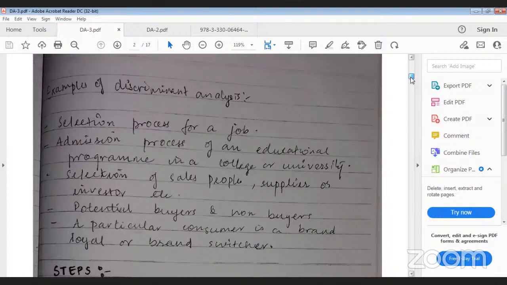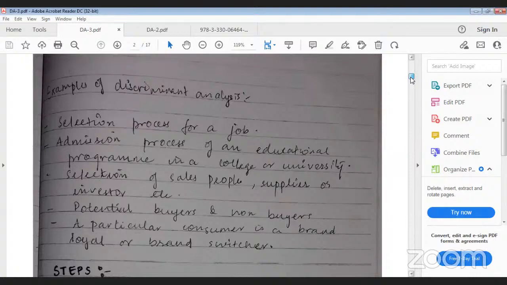If this is the score, these are the criteria, the career mark and the entrance mark, then whether he or she will get the seat in that particular university or college or not, that is the admission process. Then selection of salespeople, suppliers, investors, and potential buyers or non-buyers.